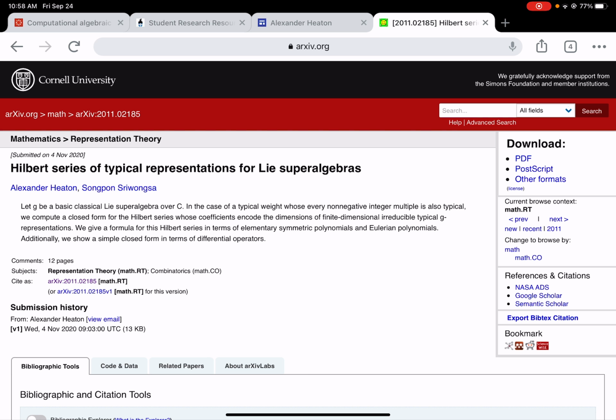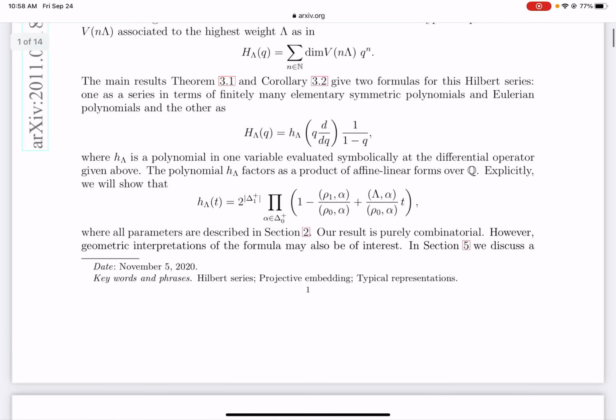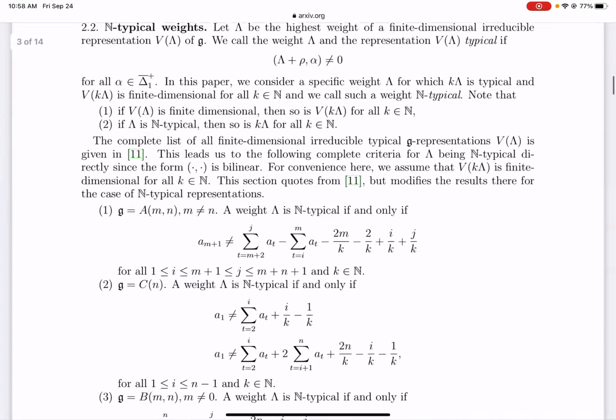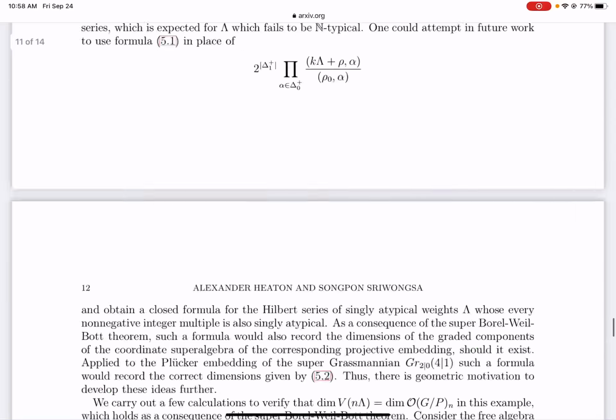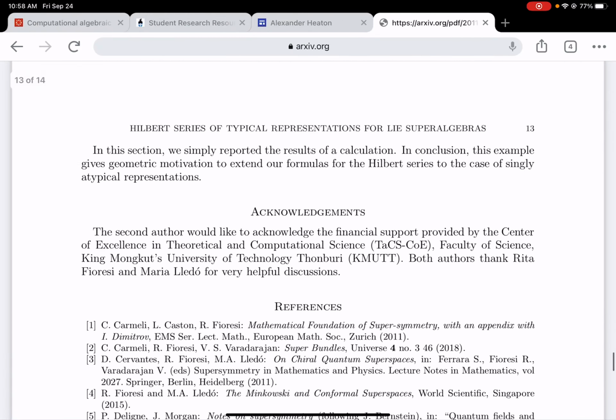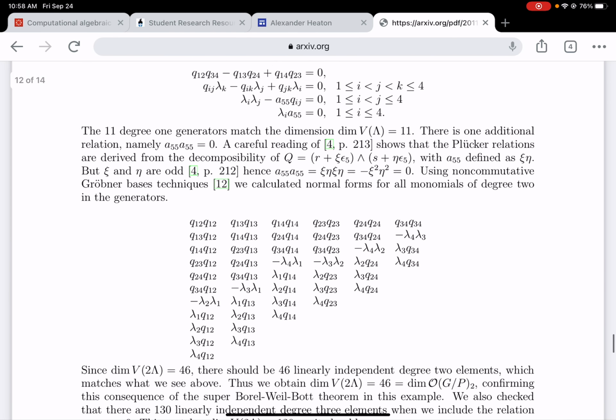So here's the paper that my friend and I worked on. It's an example of where we needed to use nonlinear equations. Oh, okay. Here we go.